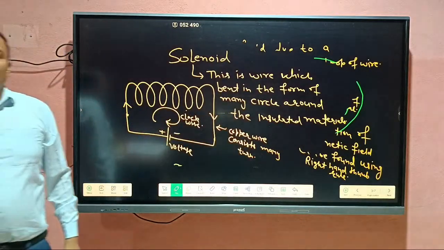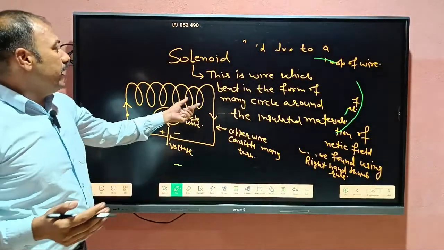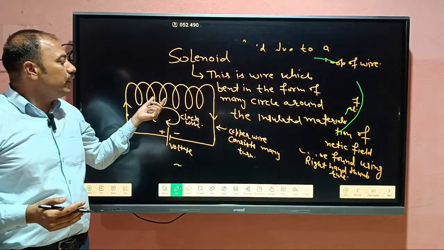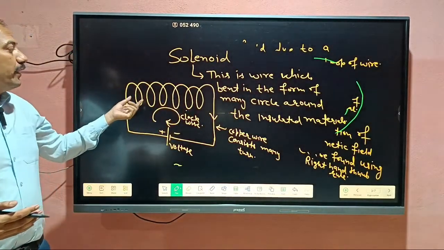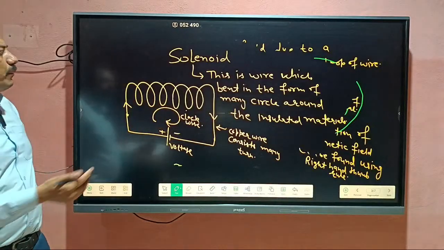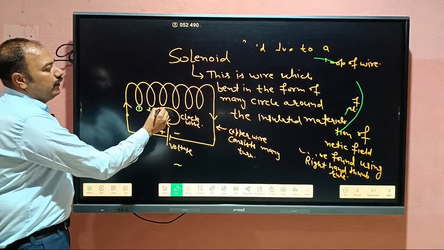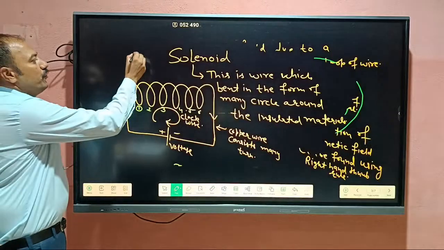We already know that when electric current flows into a wire, it produces a magnetic field. So here every circular loop produces a magnetic field, and the magnetic fields produced by each loop are added. For example, here, how many loops? This is the first loop, this is second, third, 4, 5, 6. So here there are 6 loops.